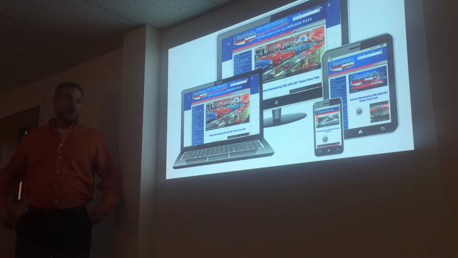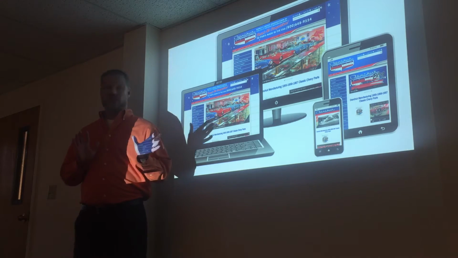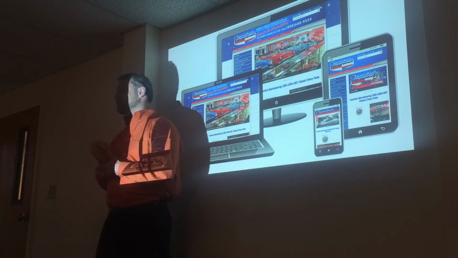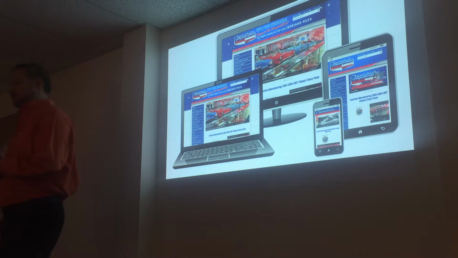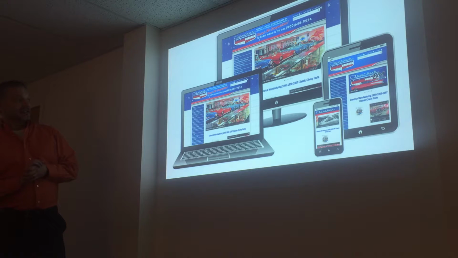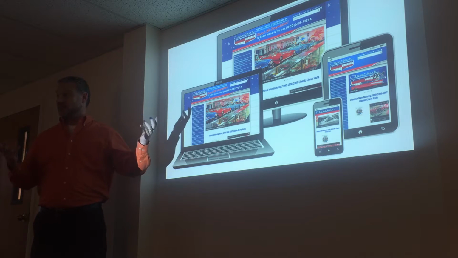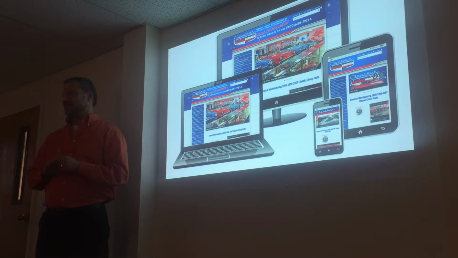And so what we have seen in the older ages is a massive shift to tablets, specifically because of kids not wanting to do tech support on a PC. And so this gives you an idea of all the devices that we support. At this point, the number of mobile devices has actually passed the number of PCs on the planet.